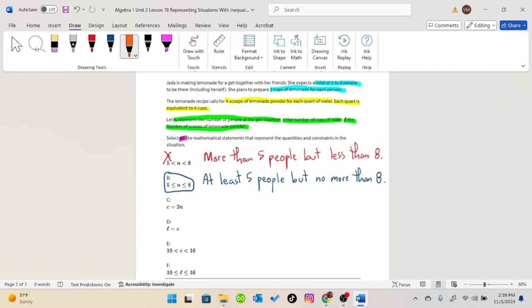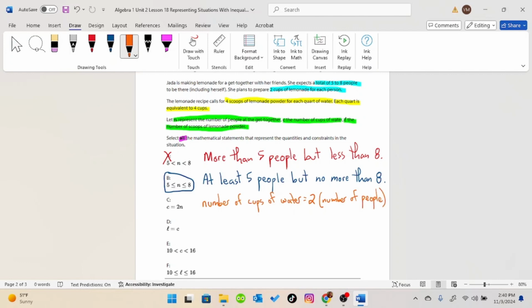C represents the number of cups of water, so that's number of cups of water equals 2 times number of people.